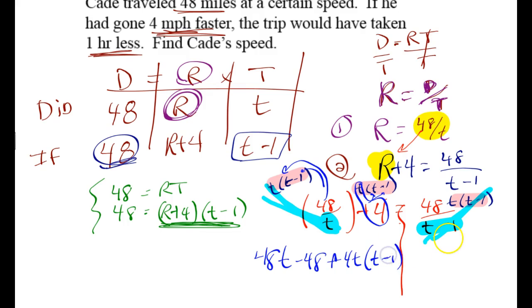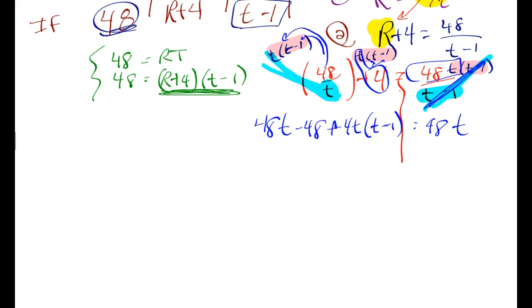I'll distribute in the next step. And then over here, these cancel, but I'm left with this 48t. Difficult problem. I hope you're following here. I'm going to distribute this 4t as promised. So 4t squared minus 4t.